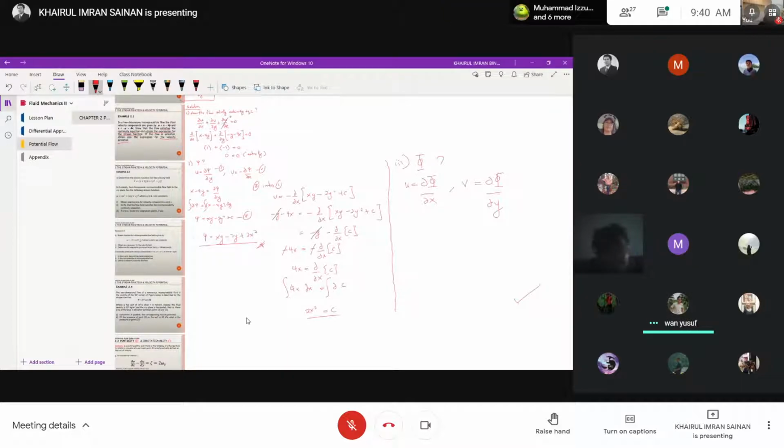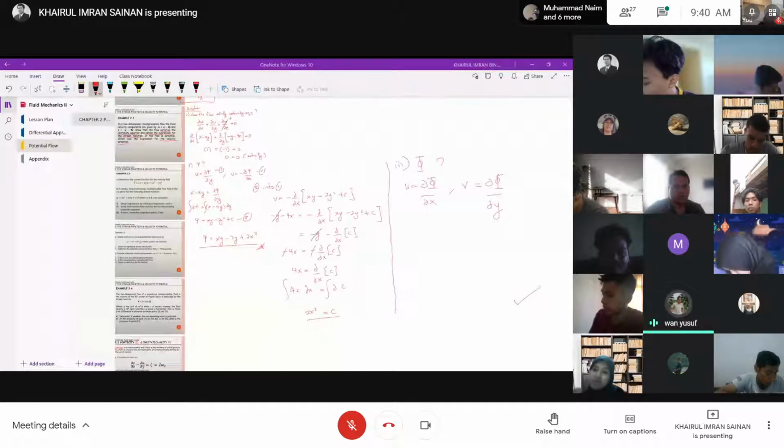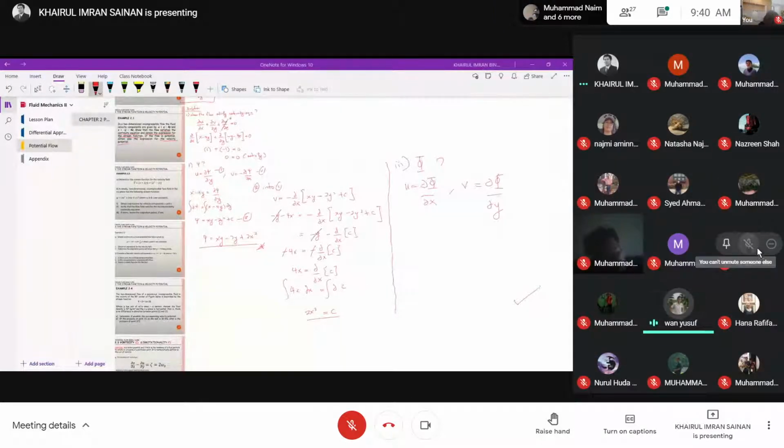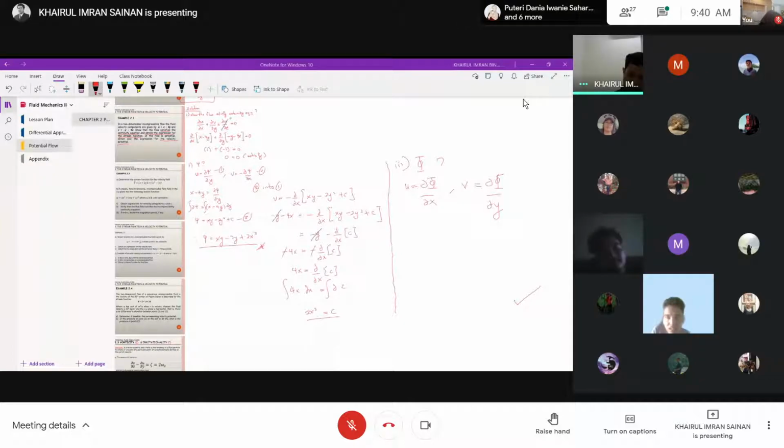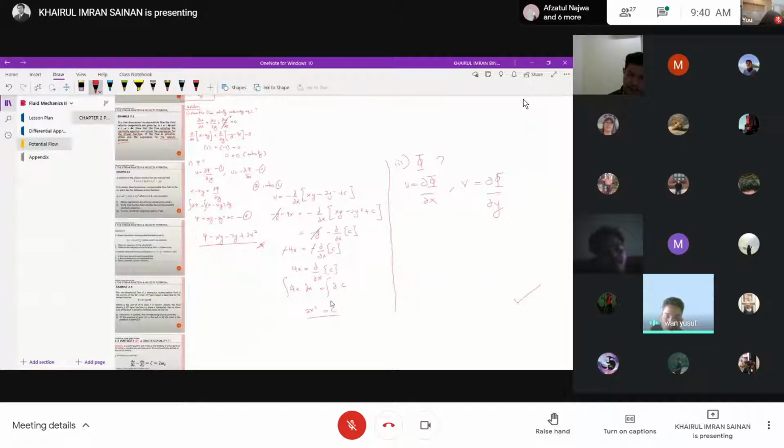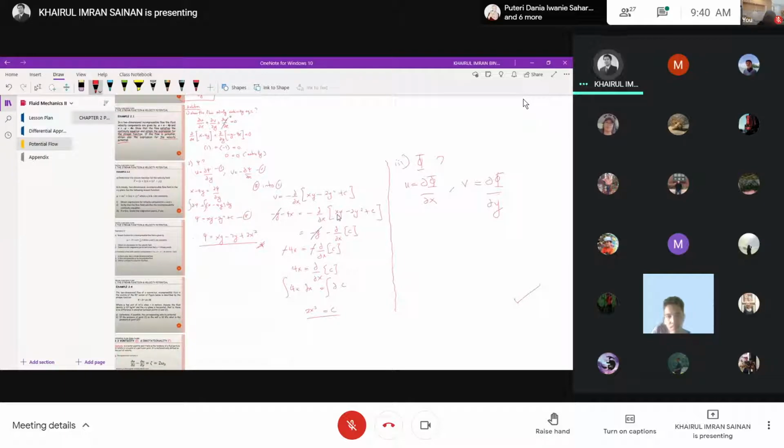Sir, may I ask a question? Yes. In the calculation, why is only c left? This one, substituting 3 into 1, xy minus 2y squared plus c, why is only c left below? Okay, first we differentiate xy, so it becomes negative y, correct?